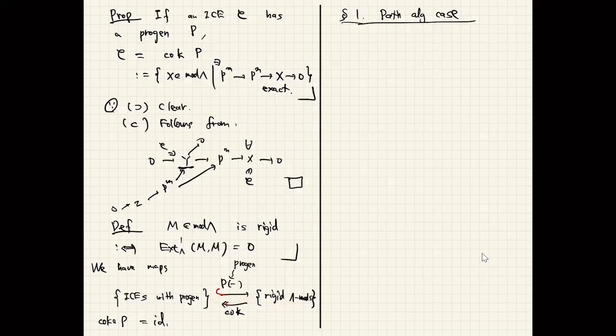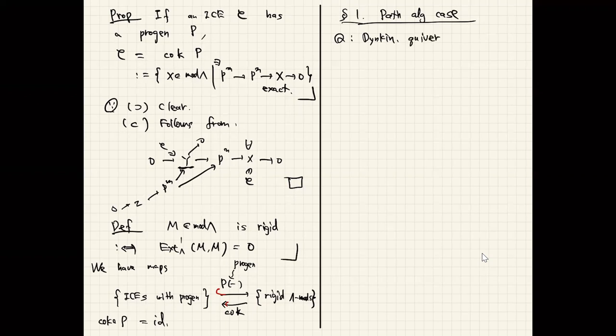But in general, for finite dimensional algebras, maybe one cannot expect such a simple bijection, and instead we use torsion classes to study Ice-closed subcategories in the next section. So first, I will concentrate on path algebras.